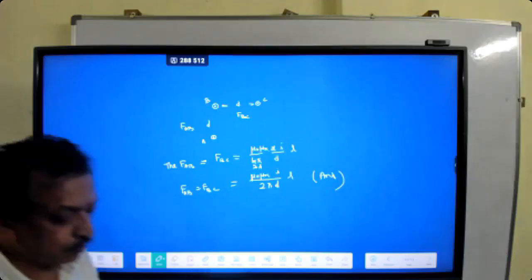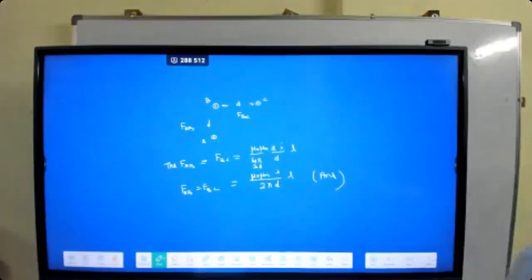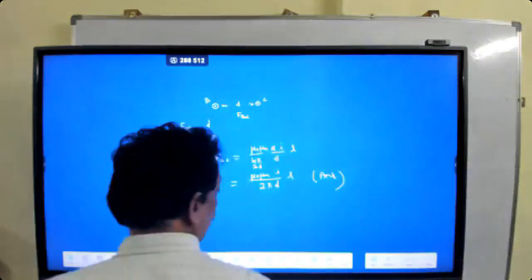Right, this question is from JEE Advanced. What is the net force on the coil?